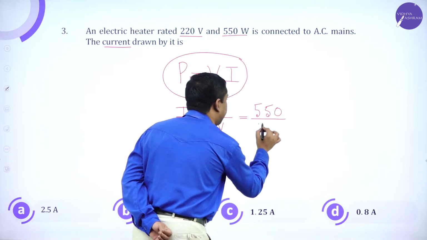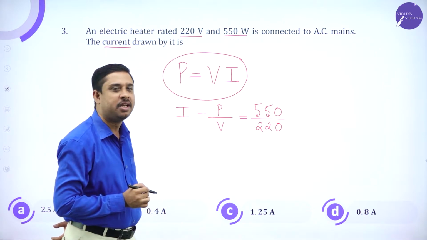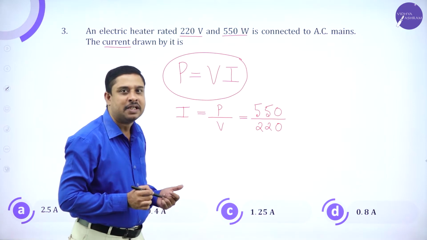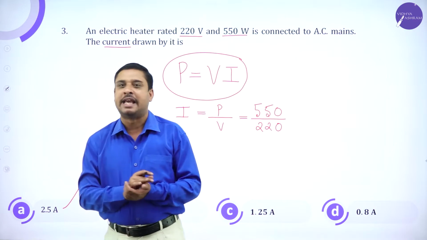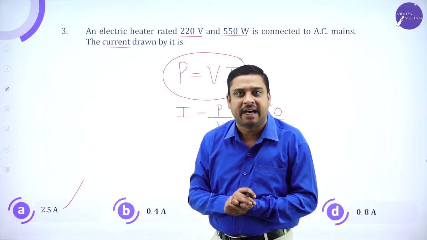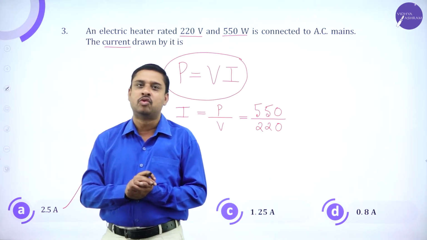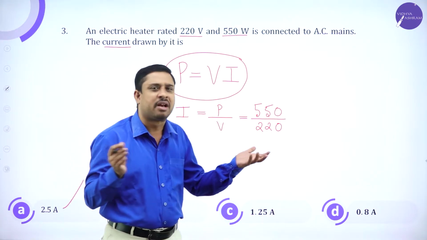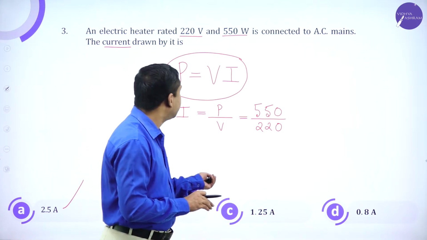How much is V? Very simple calculation. This is 55 by 22, which has to be nearly 2.5. So the answer is 2.5 ampere. So very clearly you see, I am not using any astrophysics here. Simple relations, juggling out the required answer. Next one.